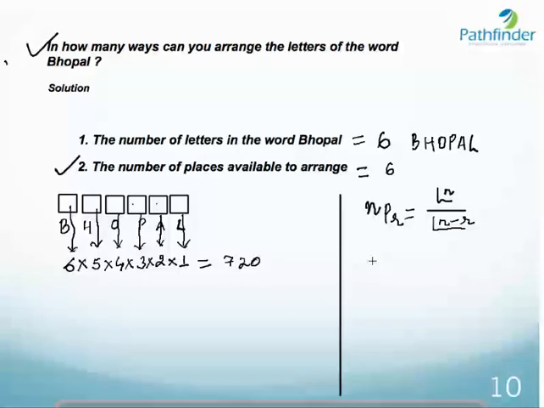So in this case, the value of n, we have to arrange at n places, that is, the value of n is 6 and even the value of r is 6. So number of arrangements will be 6P6, which is equal to factorial 6 upon factorial 0, which must be equal to 720.